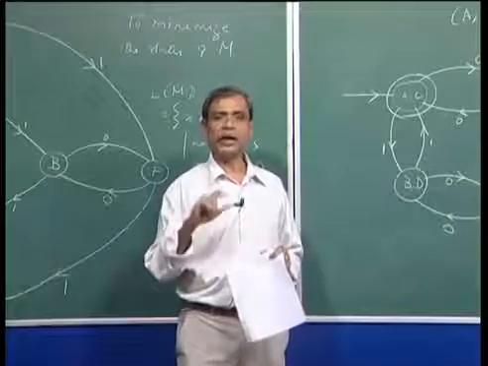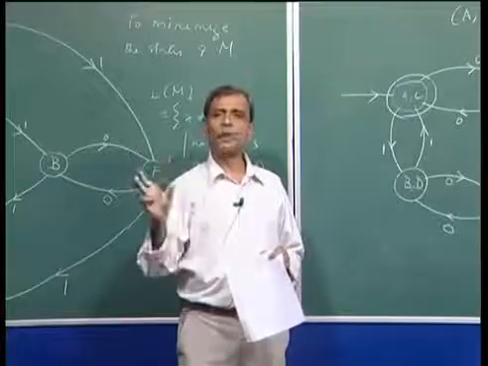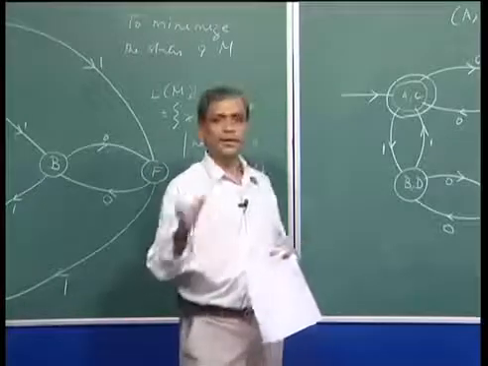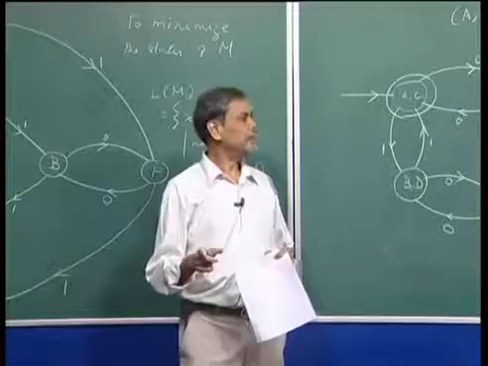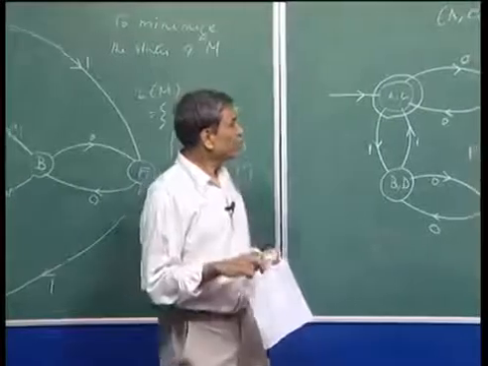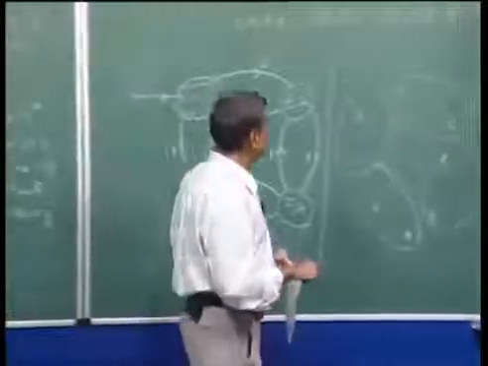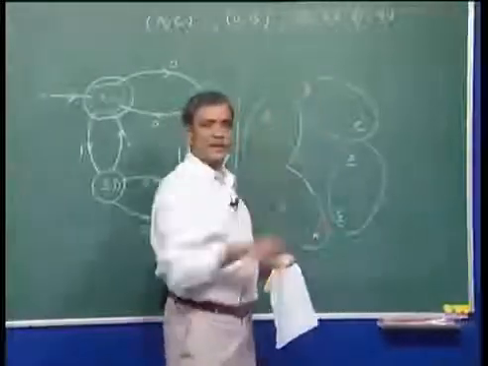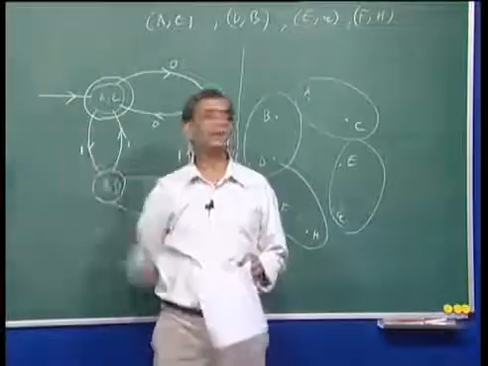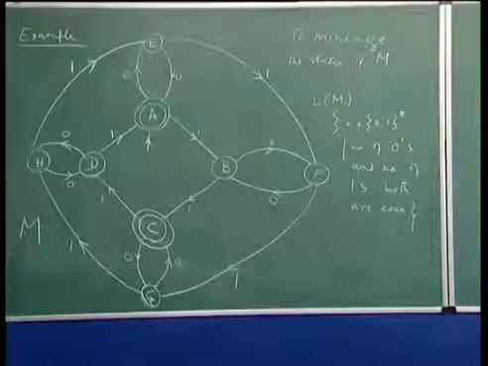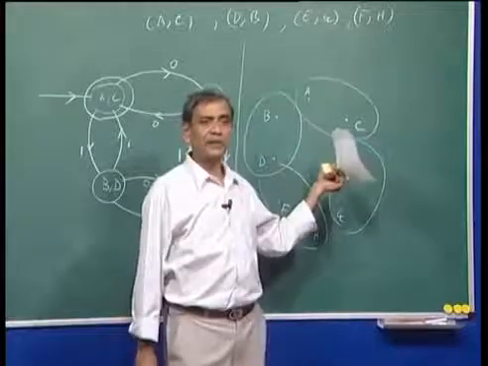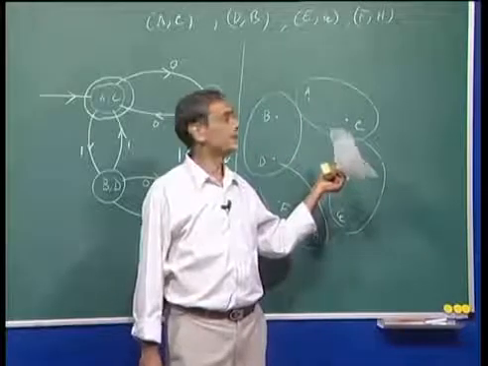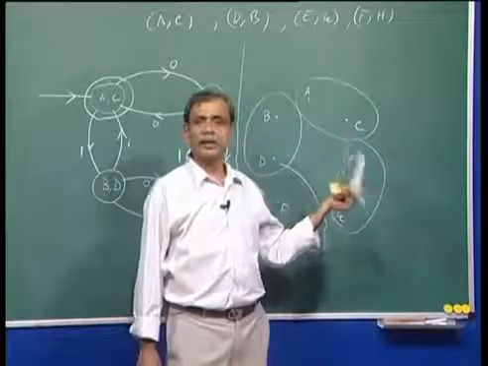You use our algorithm to find all pairs of states which are distinguishable. Once you find that, you make a partition of the set of states of the original machine, and each equivalence class in the partition will consist of all the states which are not distinguishable.